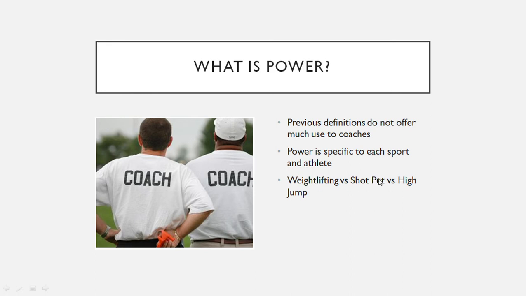A shot putter also needs to be powerful, but with a much lighter load. The shot only weighs a few kilos, but they need to propel it as fast as they possibly can in order to throw it the furthest they can. And then a high jumper doesn't really have any external load to move. They're just going to try and propel their own body weight as fast as possible in order to jump the highest.